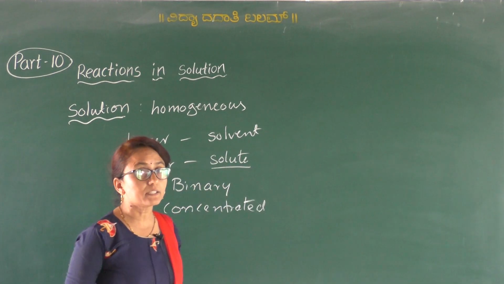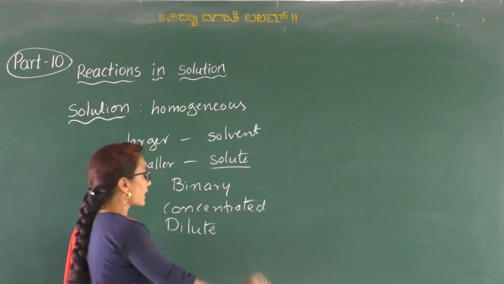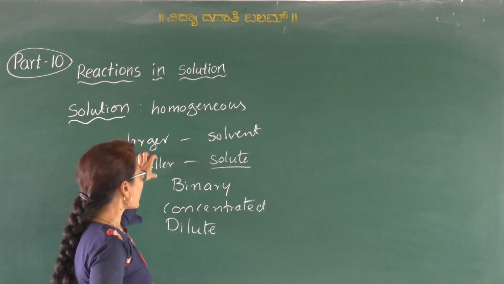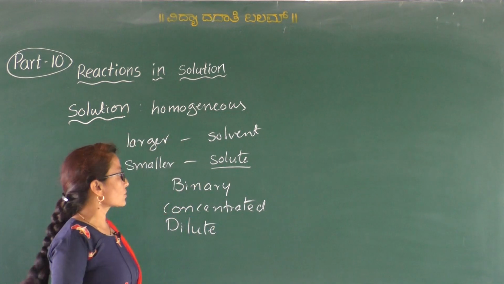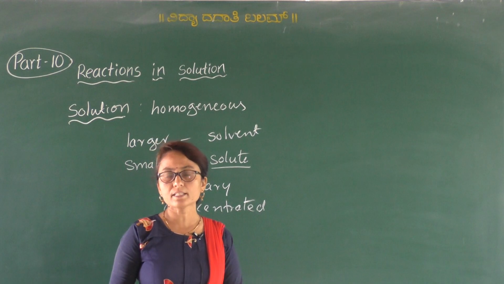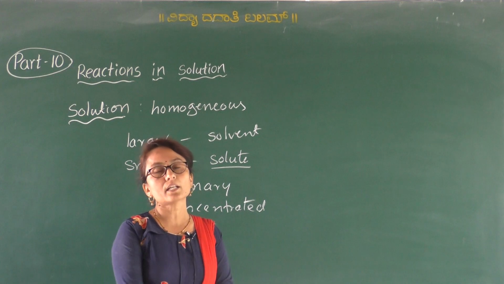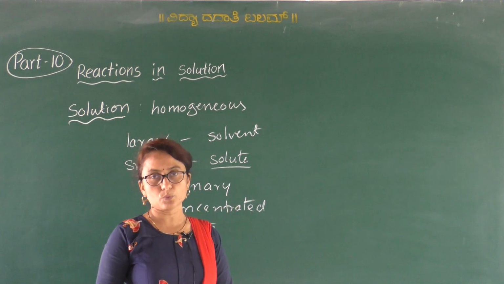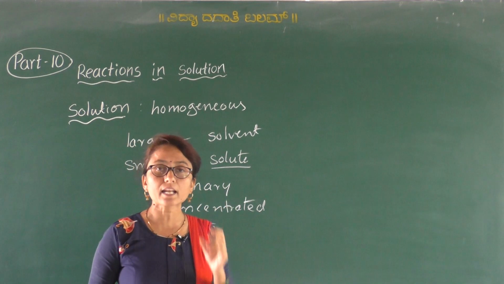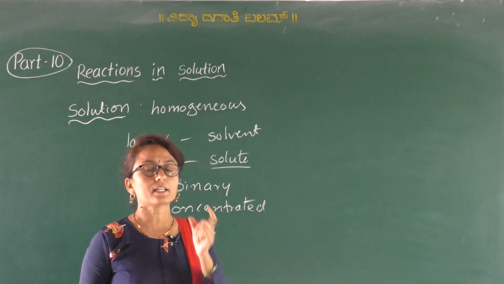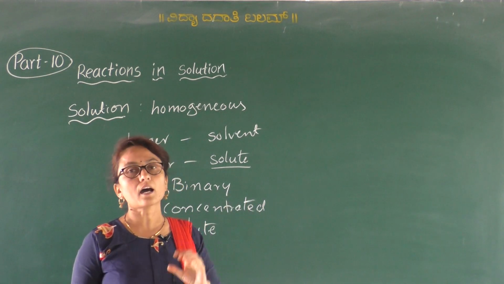A dilute solution means a relatively smaller amount of solute is present. But actually, the concentration of a solution is the amount of solute present in a particular amount of solvent or solution. The amount of solute is taken either in grams or in moles, and the amount of solvent or solution is taken either in mass or in volume.